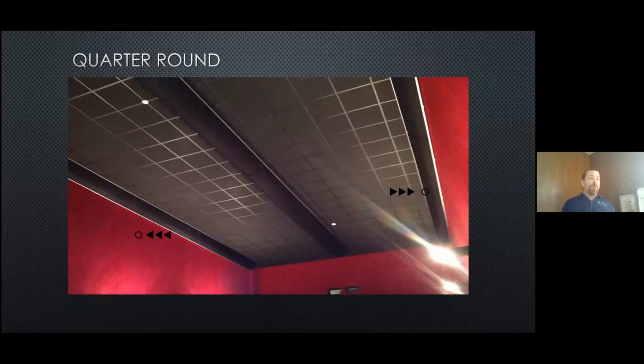I love quarter round jobs when we get on those. This is one that we did. This is a small, kind of artsy movie studio. And what we did here was incorporate the quarter round, which is going to mount where the ceiling and the wall come together up in that corner.